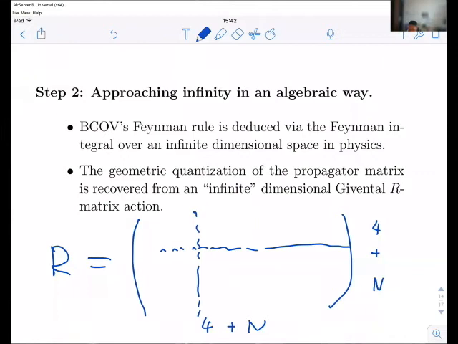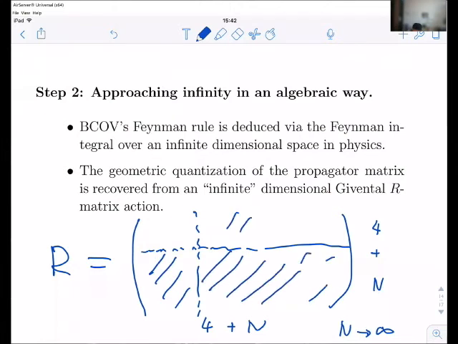What we found is that when we make this n very large, going to infinity, first this other part, this shadow part, becomes very simple.